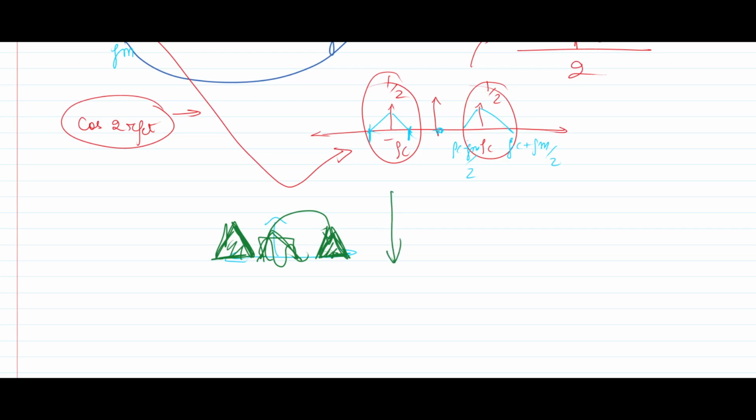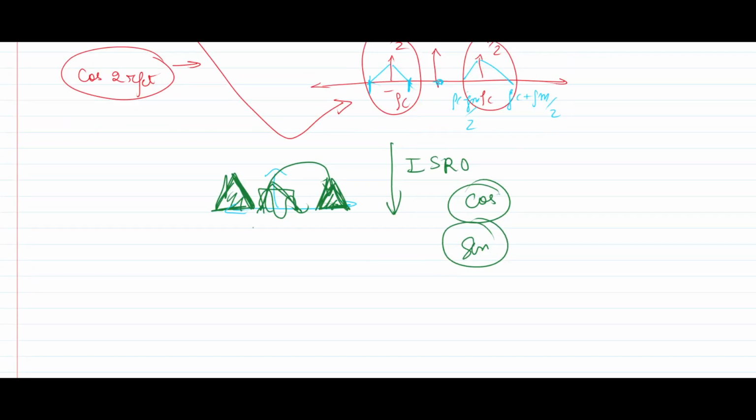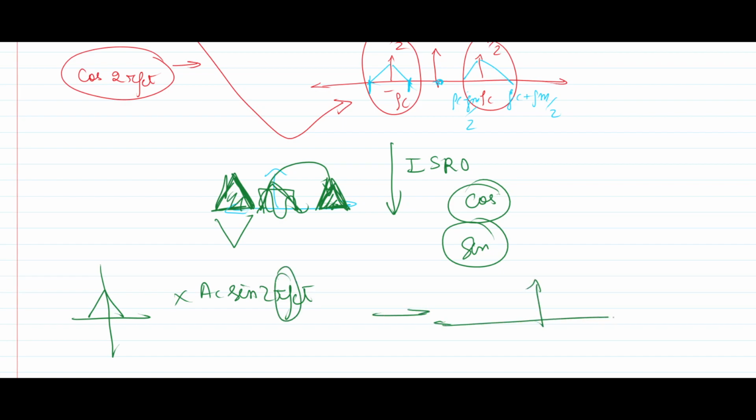But one thing that ISRO had been doing in the past is that they never give multiplication with the cos signal. They give it with the sine signal. And one mistake that everyone does is they do the same thing, but they don't remember that in sine, the part that is moved to the negative side is also inverted. So if this is the message signal and it is multiplied by a sinusoidal signal having a carrier frequency 2 pi fct, it would be moved to, so steps are same.